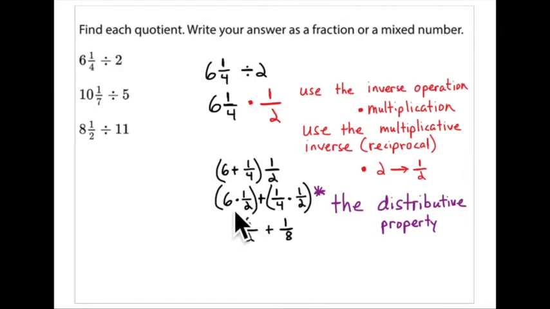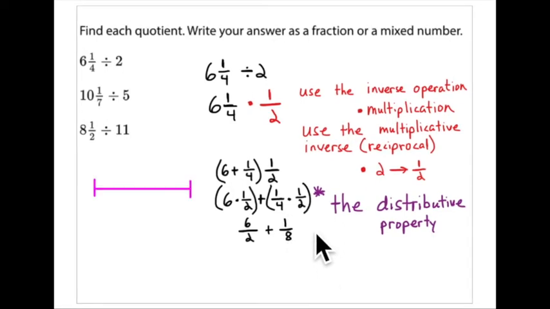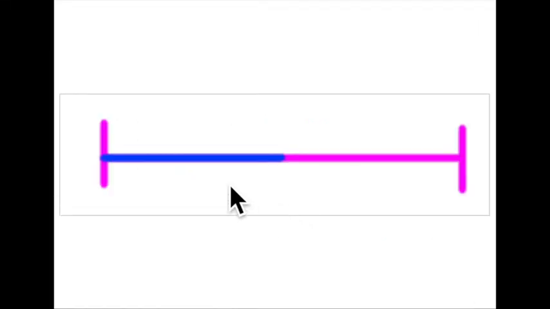All right, so 1/2 times 6 is 6/2. We know that 6/2 is the same as 3. And 1/2 of 1/4 is 1/8. Now let's zoom in just for a second on this 1/2 of 1/4. And so I am flipping this around and talking about it as 1/2 of 1/4. Easier to think about it that way. So here's 1/2.